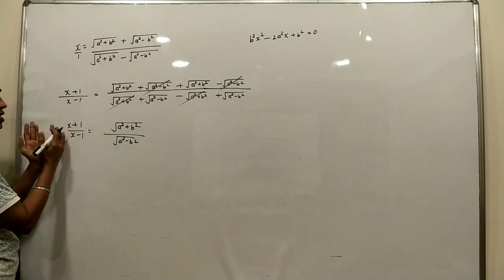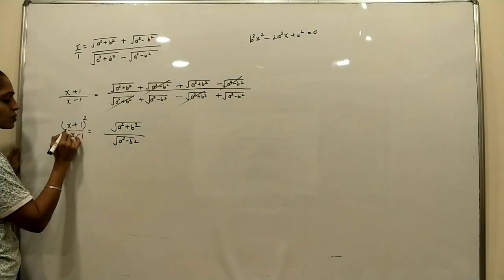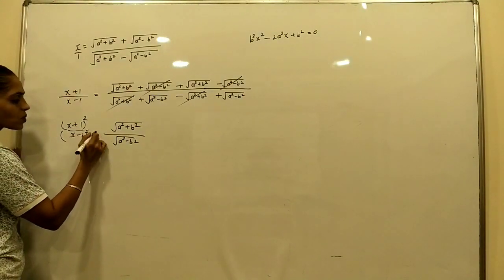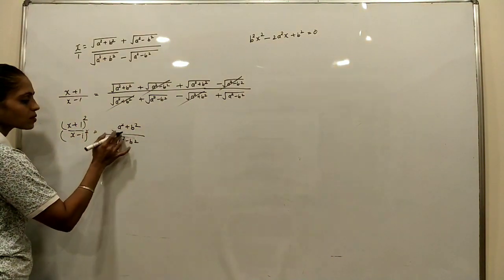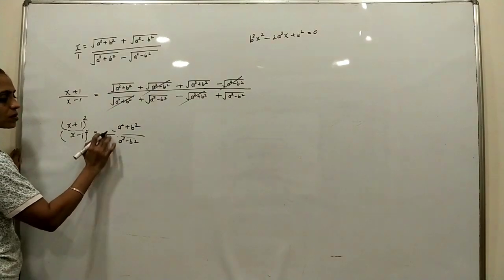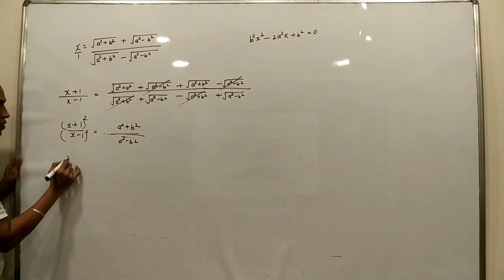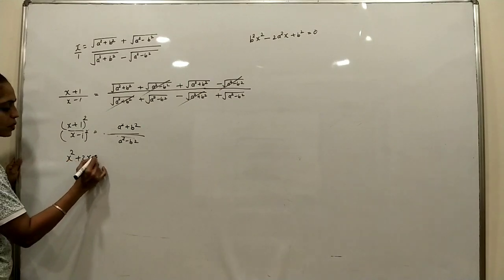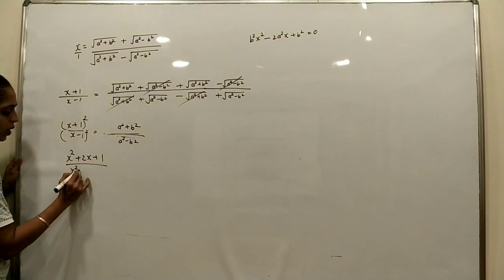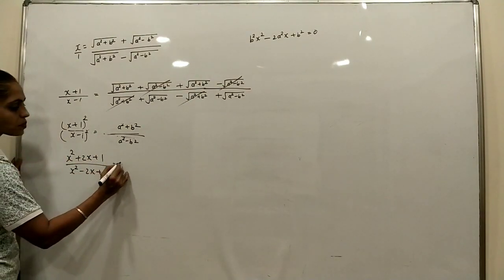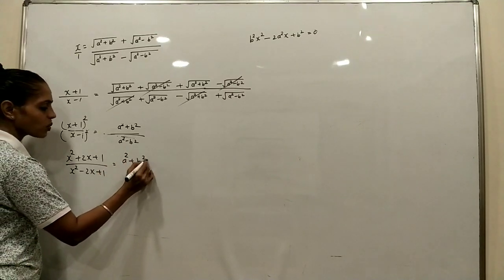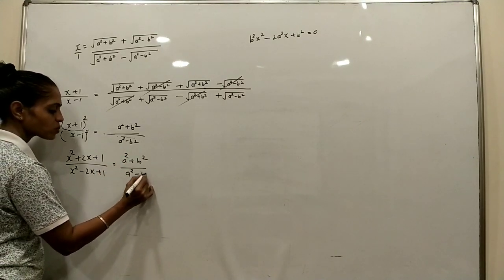Now the root on the other side becomes square. Now x plus 1 the whole square is x square plus 2x plus 1, x square minus 2x plus 1, is a square plus b square and a square minus b square.